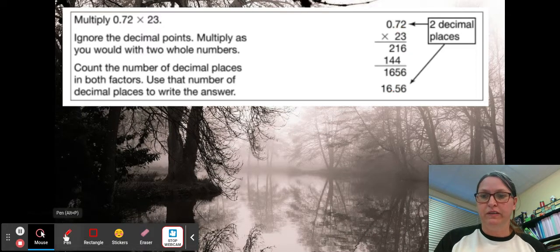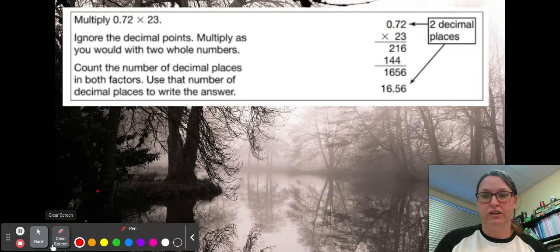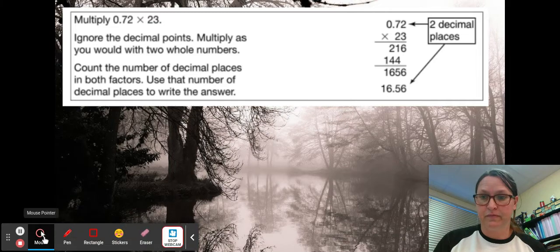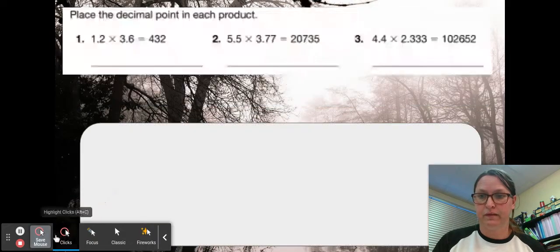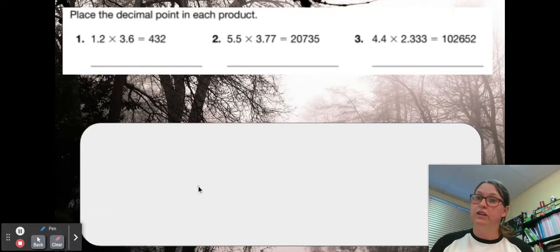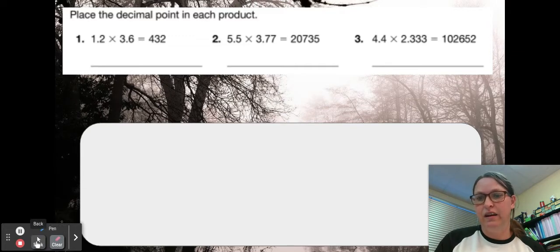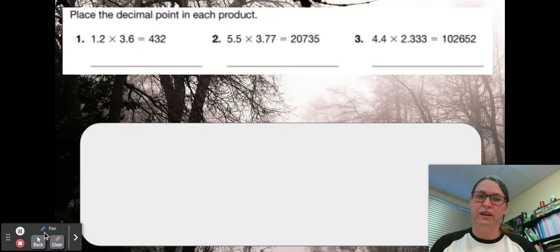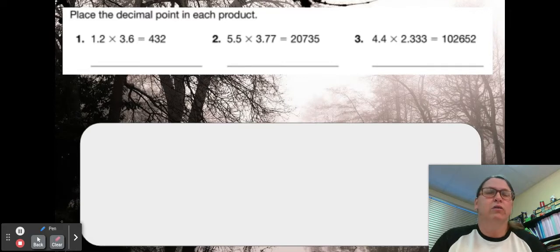Let's do a few examples where I'm actually doing the work. We're going to start with number 1. This says place the decimal point in the product. This is important to understand because as long as you understand how to count in and find where the decimal goes, that's the only new thing we're doing in today's lesson.